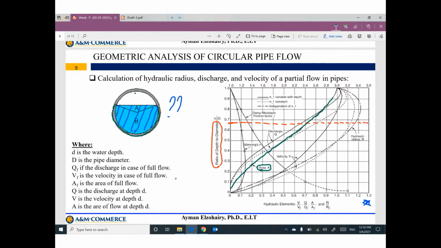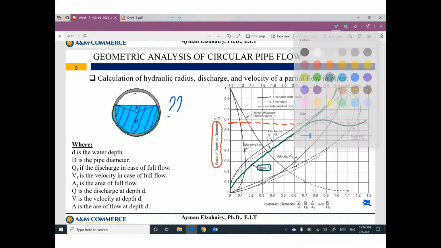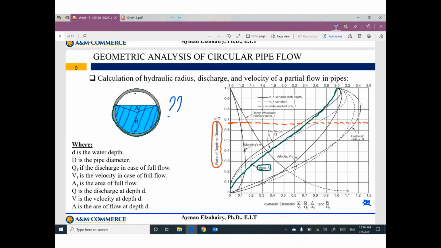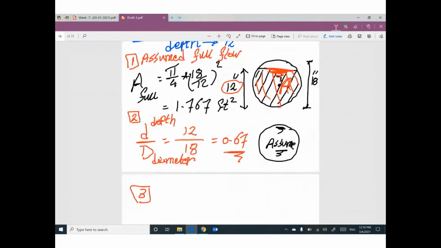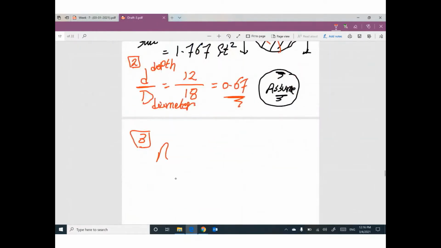So the intersection between this curve and the horizontal red line is here. Go down. What is this number? Something around 0.72. So the ratio between the area required and the area full equals 0.72.